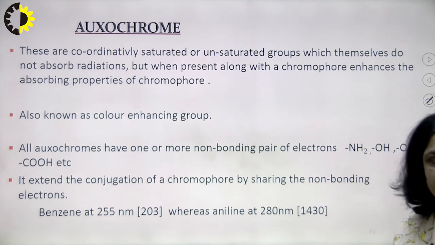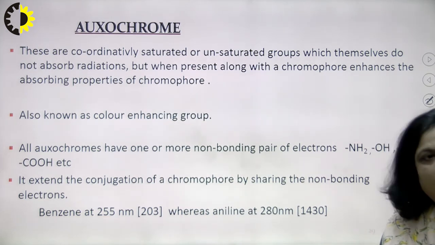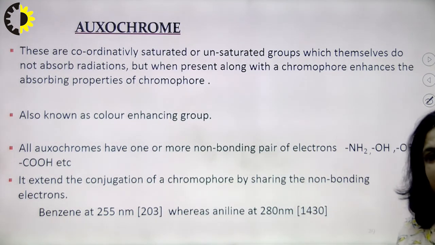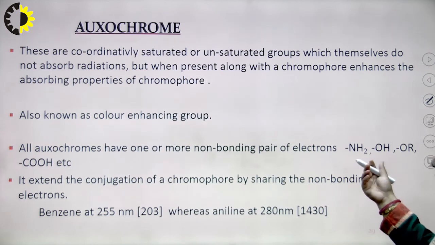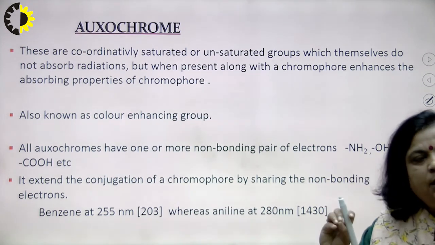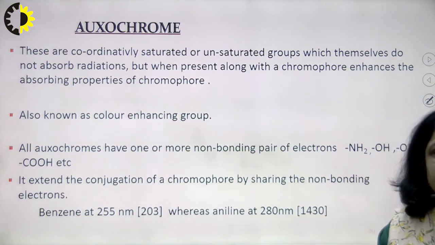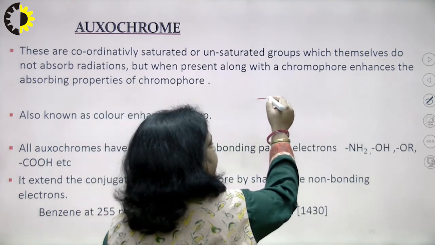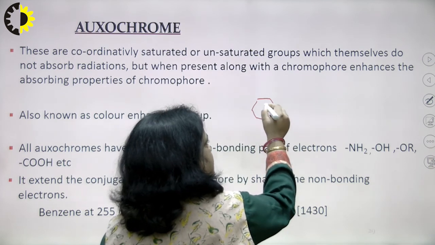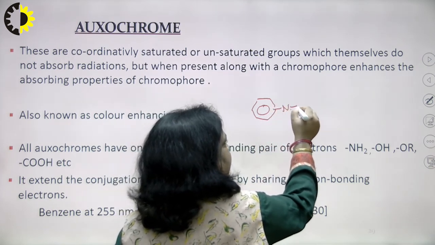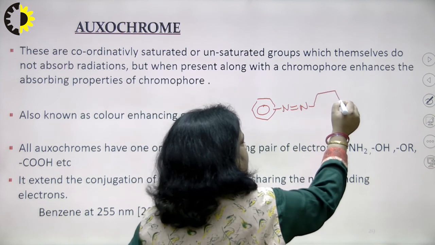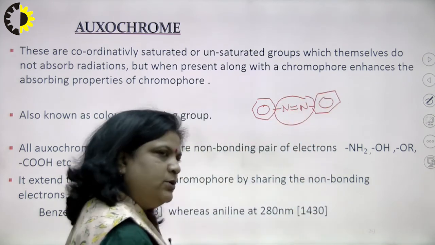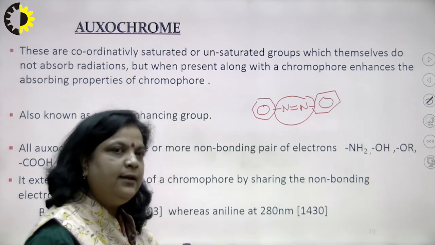All auxochromes have one or more non-bonding pairs of electrons, and auxochromes are basically the introduction of any group like NH2, OH, OR, etc. For example, the azo group. The azo group is like a benzene ring, suppose, and then N double bond N. We know that this azo group imparts color in dyes.